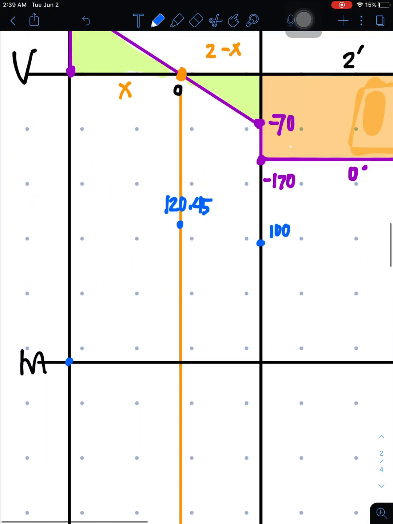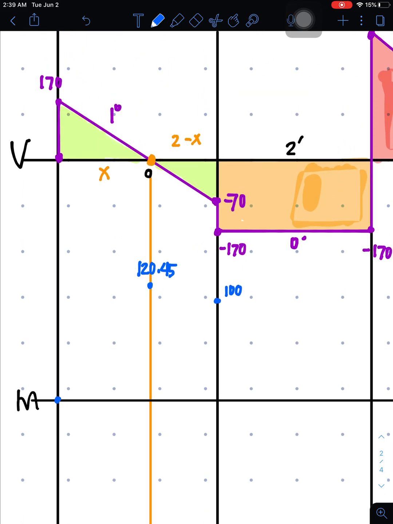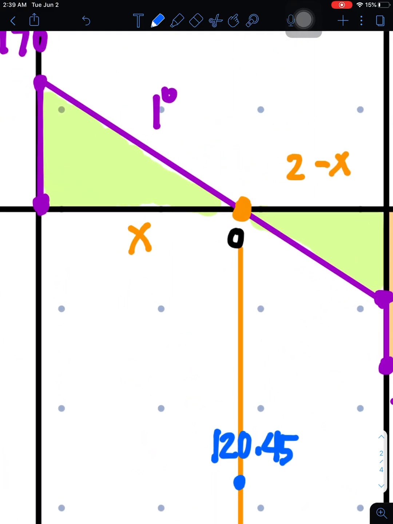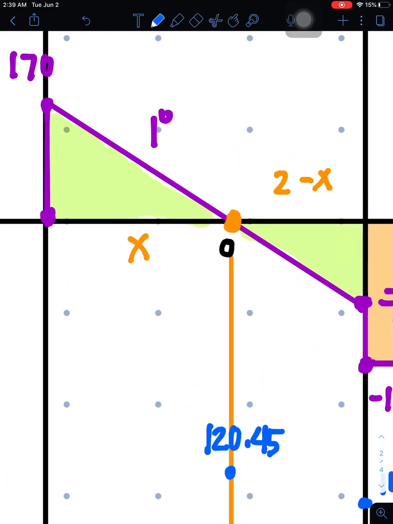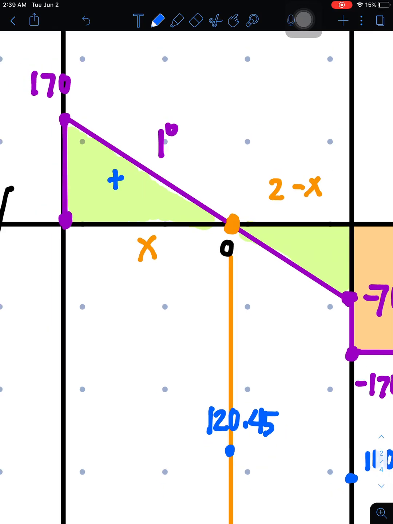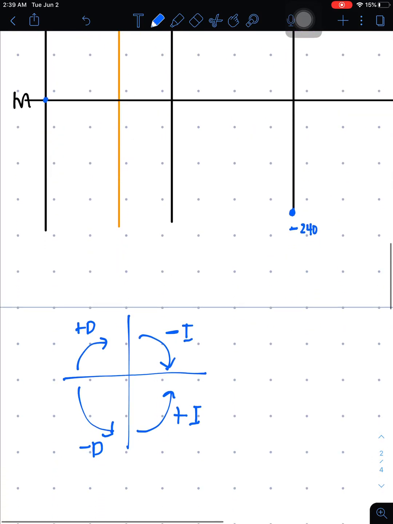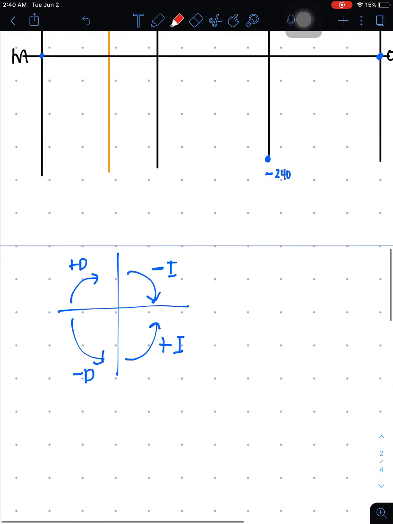So from point A, connecting 0 and 120, what we look at is the area between the 2 points. The area is positive, no? So it's either this or this, because it's positive. But let's look at the figure.